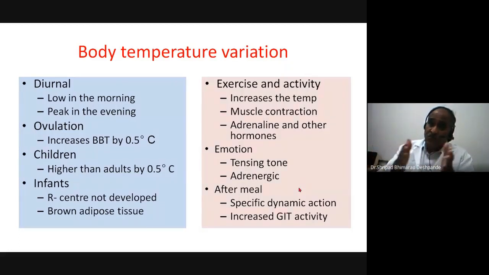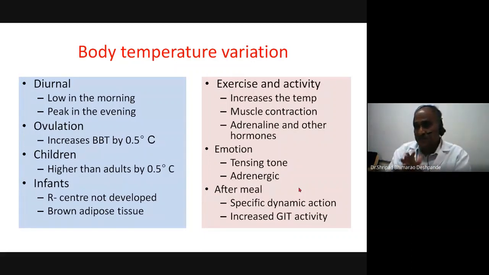In the person who has consumed the protein rich diet, the body temperature increases higher, and this increased calorigenesis by the food is known as the specific dynamic action of food. So especially proteins will somehow produce more energy, maybe because of the activation of enzyme systems, or maybe because of some thermoregulatory aspects generated by the proteins.